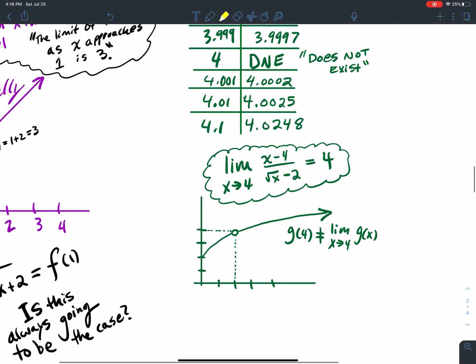If I plug in 4, I get something that's undefined, right? It does not exist. However, I'm sorry, the limit exists, but the function has no value at that point. The function is undefined at x equal to 4. However, the limit as my function approaches 4 is 4. Okay? Sorry about that.